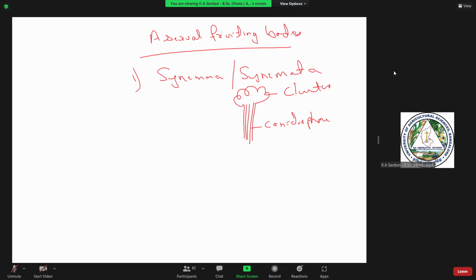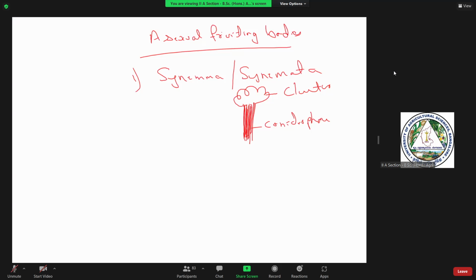All these upright conidiophores are cemented together, and the spores form like a head-like or cauliflower-like cluster.